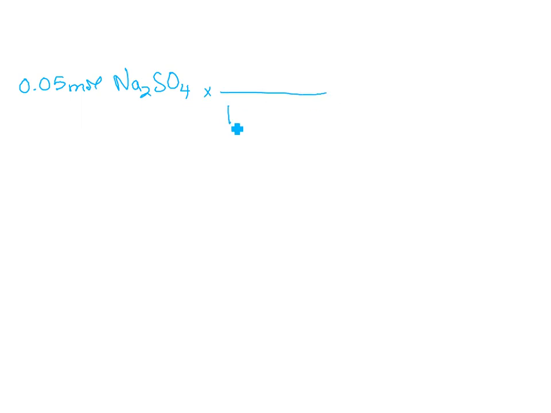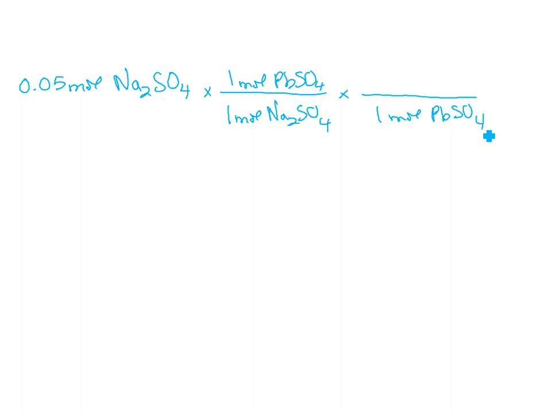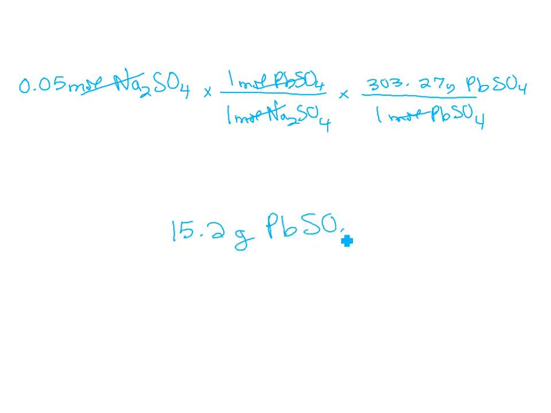It's a 1-to-1 relationship. For every 1 mole of Na2SO4, we create 1 mole of lead 2 sulfate. Lead 2 sulfate has a large molar mass. I've calculated 303.27 grams. Please do check my work, it's late at night, getting things done. So the units cancel, and we multiply things out, we get 15.2 grams of lead 2 sulfate, which would be the product of that reaction.